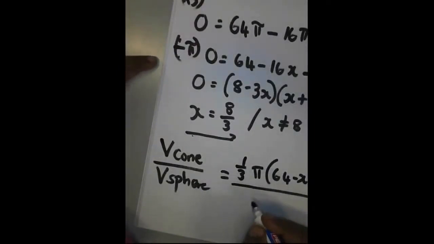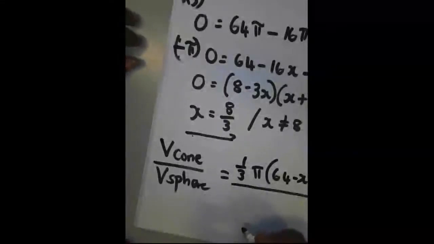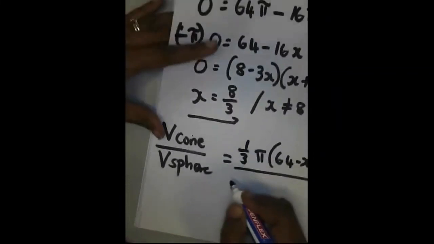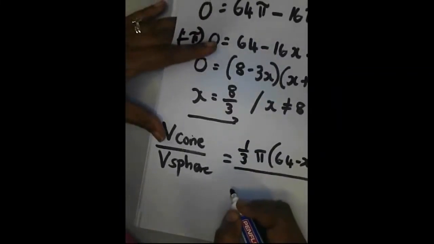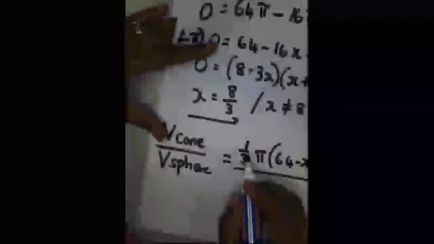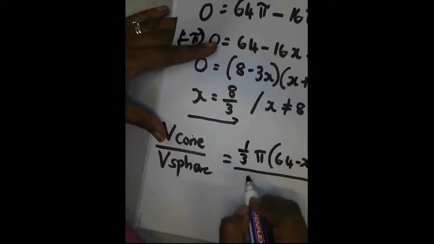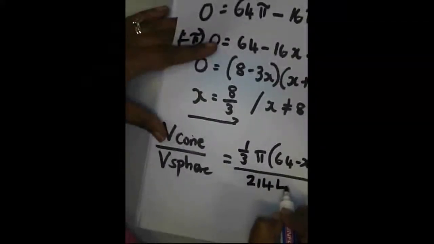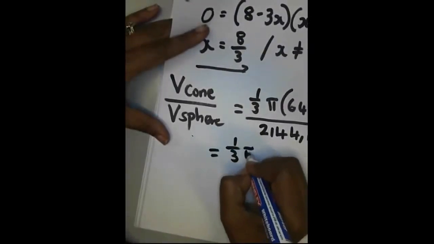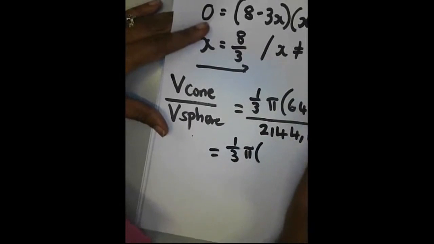And what was the volume of my sphere? Oh sorry, I didn't substitute my values. So volume of a cone divided by the volume of the sphere. Let me just see where the volume of the sphere was. It was 2144.66. That was my volume of my sphere. I had to put in all my x values over here.